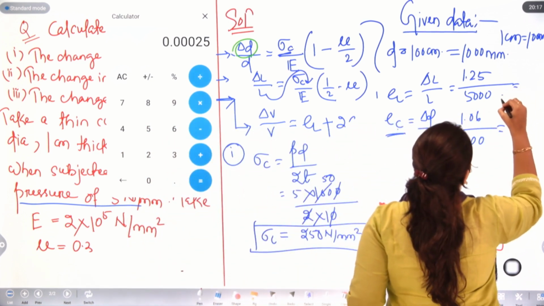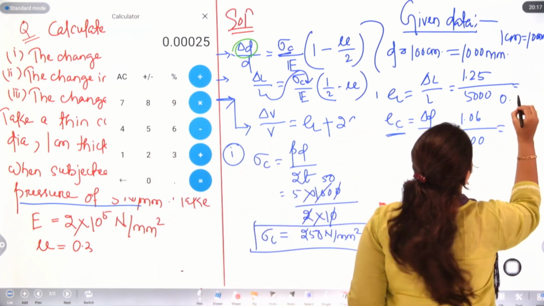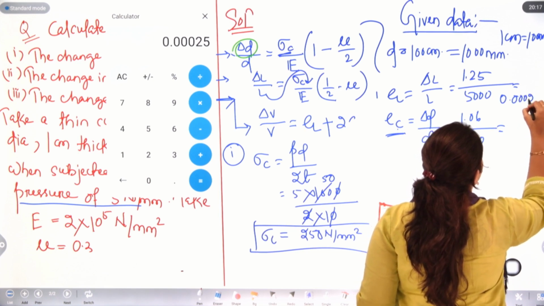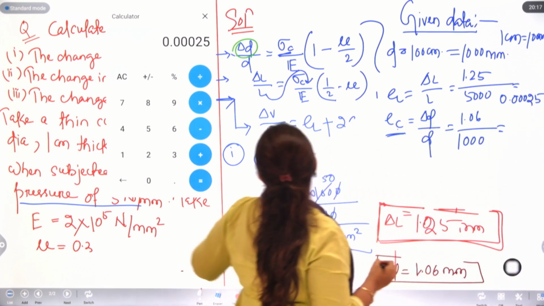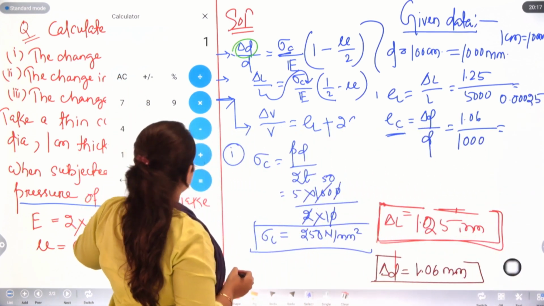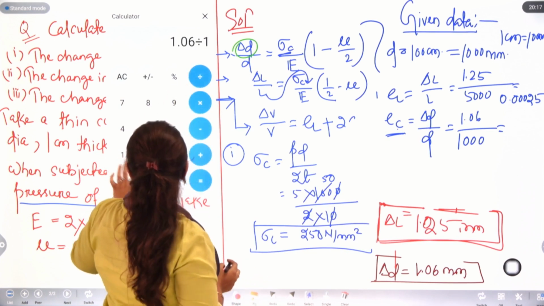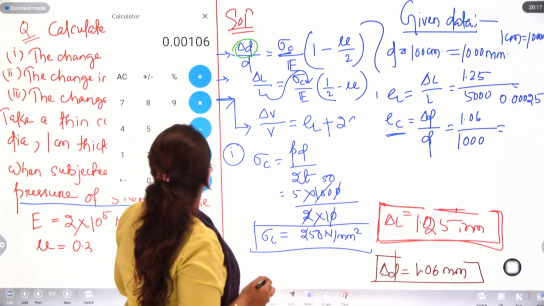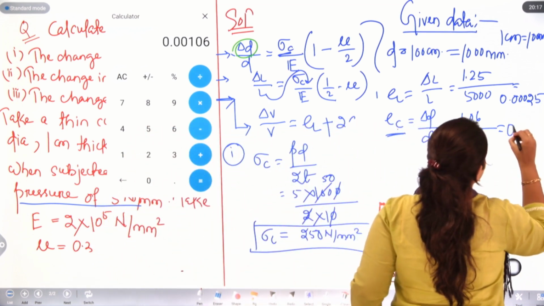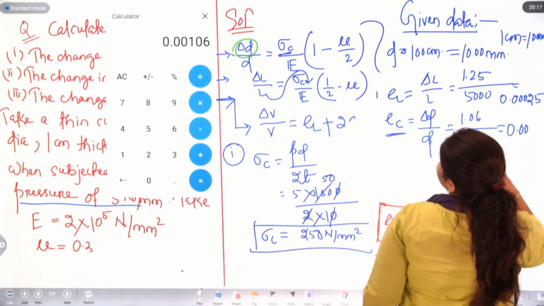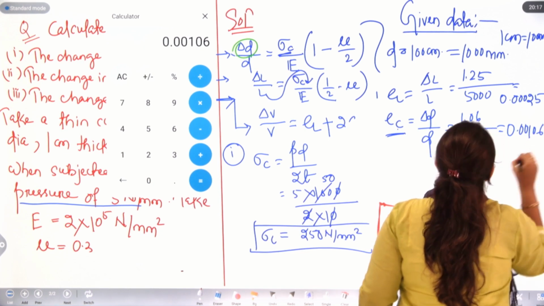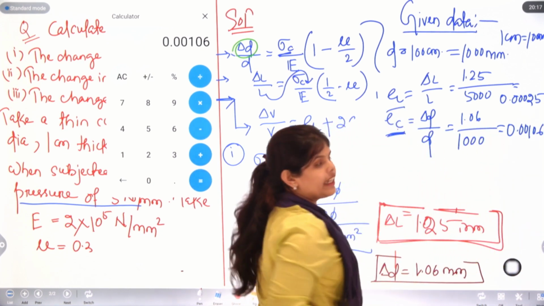Okay, EL is 0.00025, and EC is 0.00106. We have our EC and EL.